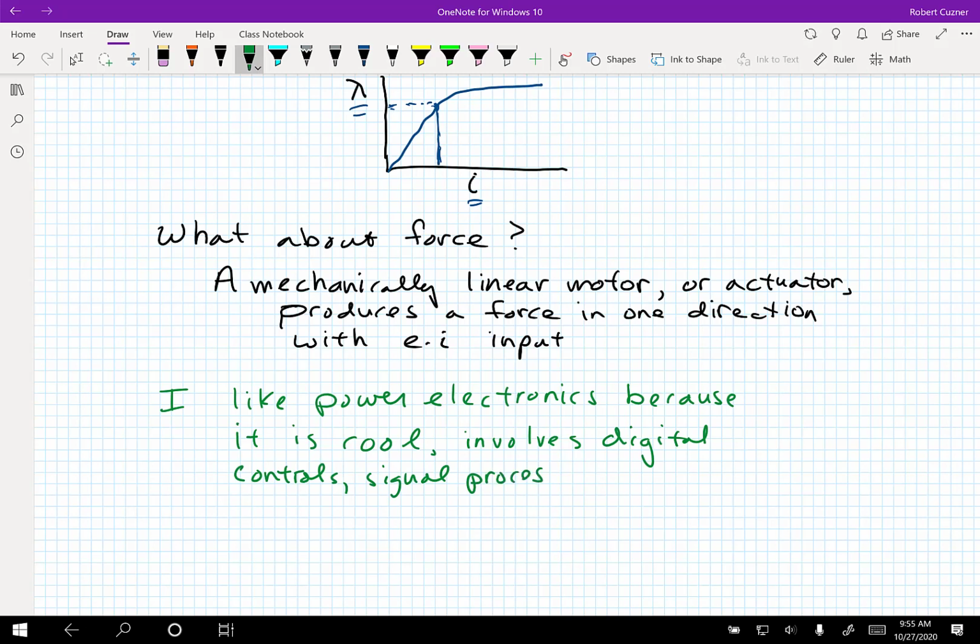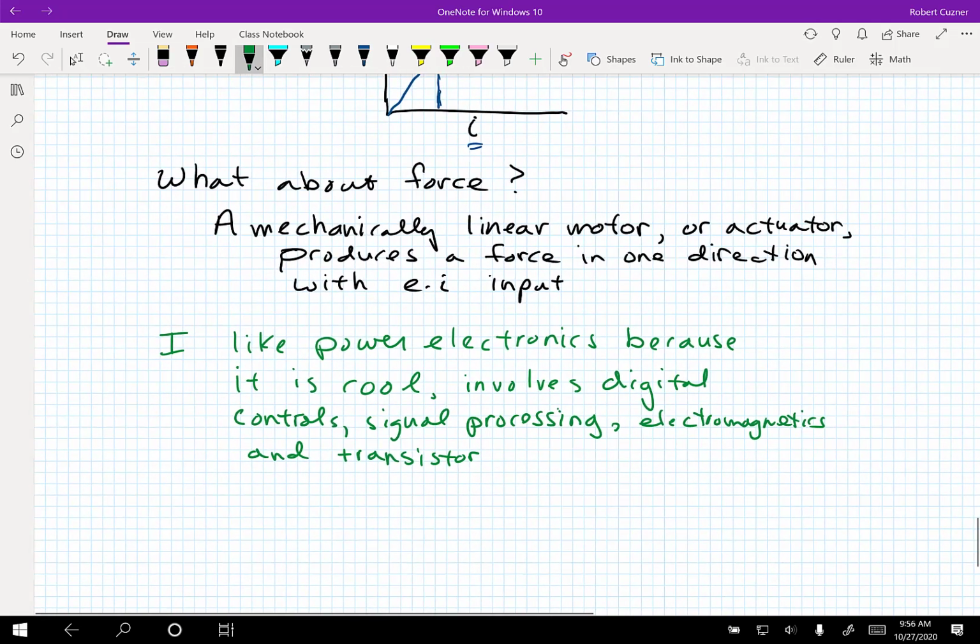If you want to find an area that has everything that's cool in electrical engineering, it would be power electronics, electromagnetics, and transistors. So it really has everything except for the really hard stuff. That's, in my mind, to understand, which was what you learned in EE 362, right? But it actually involves those things as well, especially with the new transistors that are coming out that have such fast edge rates. It starts to look like an electromagnetic system.